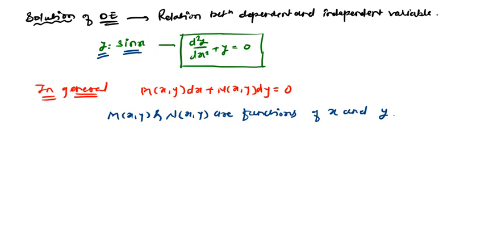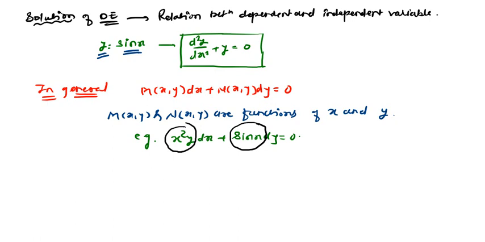For example, we can take x^2 y dx plus sin x dy equal to 0. This is a differential equation. This is the value for M(x,y), and this is the value for N(x,y). M and N are functions of x and y.